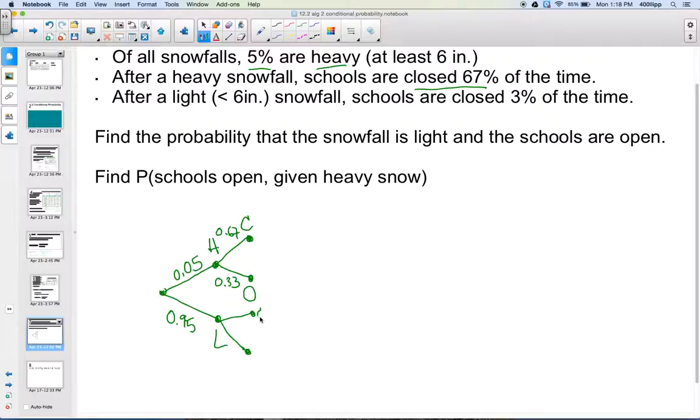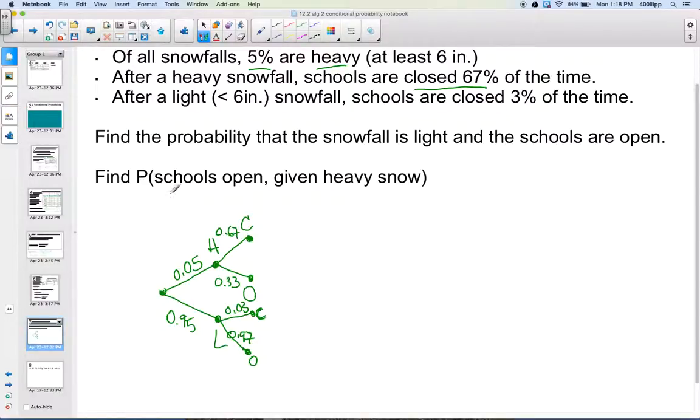So this is 0.03, and it will be open 0.97, right? 1 minus 0.03 is 0.97.